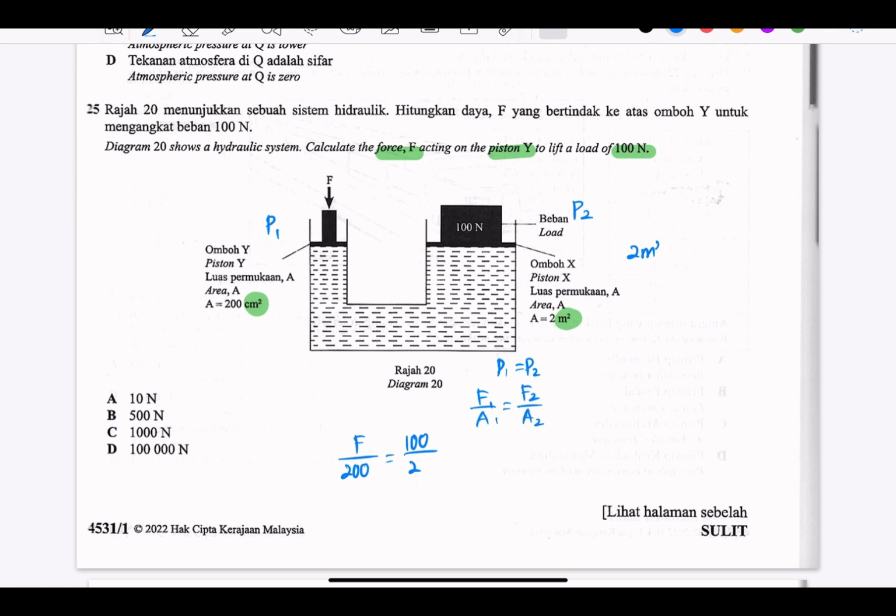So let's say 2 meters square. 2 meters square is 2 meter multiply 1 meter, 200 cm multiply 100 cm. So total is 20,000 centimeter square.